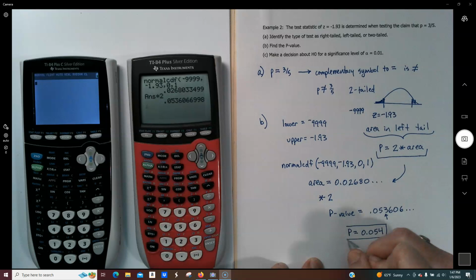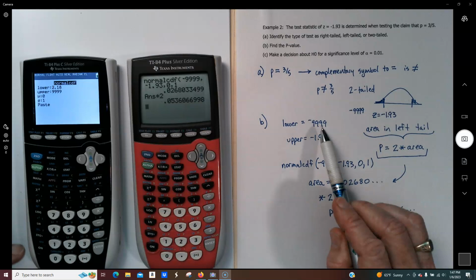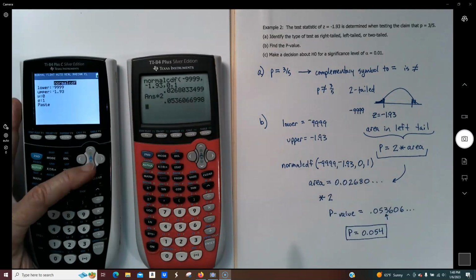Let's repeat it with the other version of the calculator. Again, second variables. Normal CDF is option 2. Our lower is negative 99.99. Again, make sure you use the negation button. Our upper is negative 1.93. Our default values are fine.